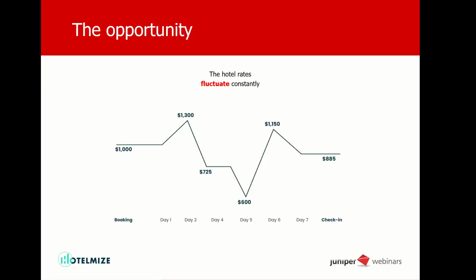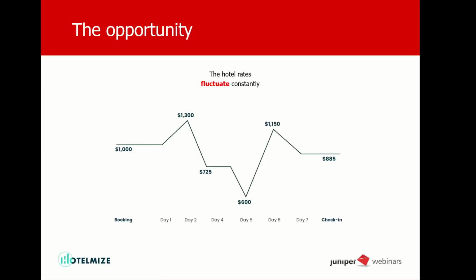And we have 4 offices around the world. Our main office is in Tel Aviv, Israel, and we have 3 other sales and business development offices in Bangkok, Buenos Aires, and Palma de Mallorca. In the last 5 years, we processed millions of bookings for our clients worth billions of US dollars. So we have a lot of experience in our field.